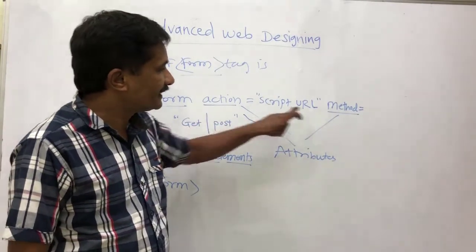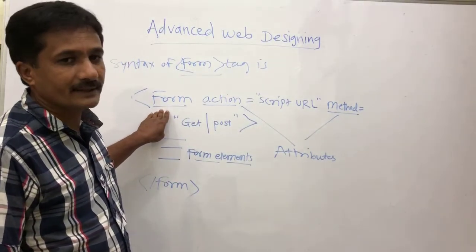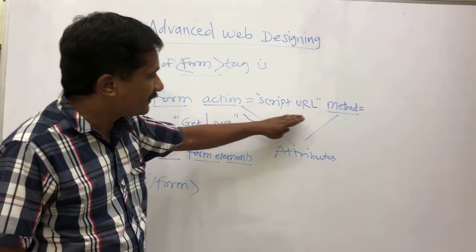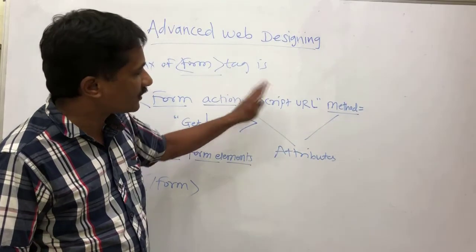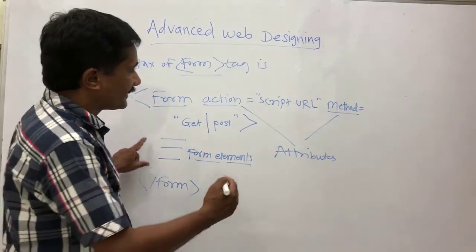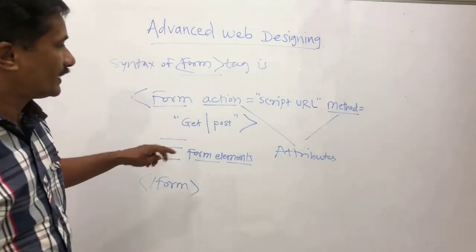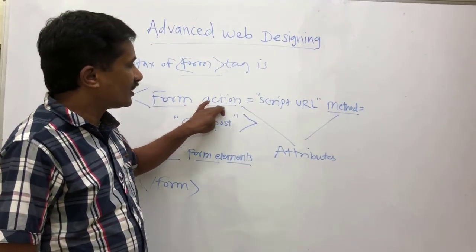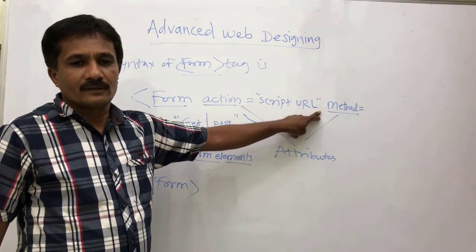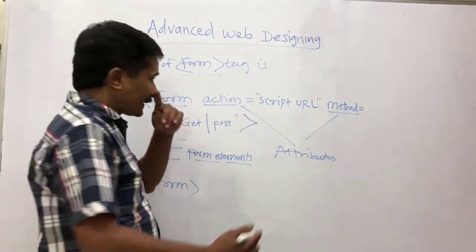By using this form tag, you can create the form. Here, action and method are the two common attributes of the form tag. Apart from these, other attributes of the form tag include target.